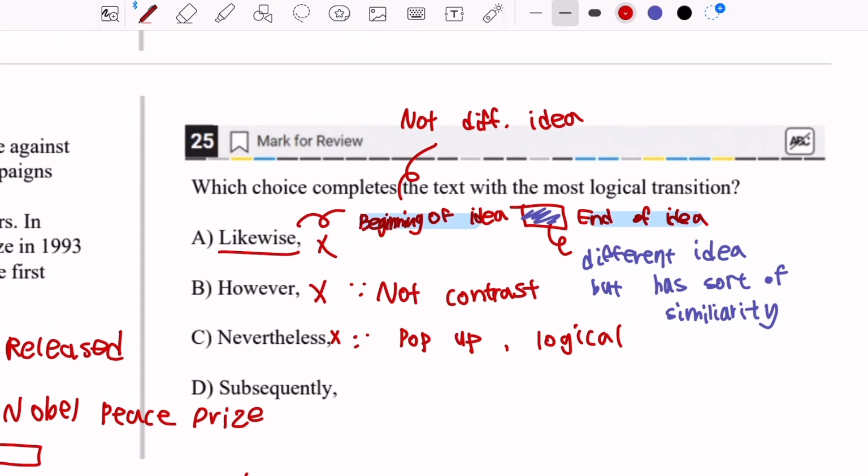So subsequently is the answer. And when you say sub, it means under. When you say sequent, it means order. So subsequently basically just simply means after that, because it means under the order, right?